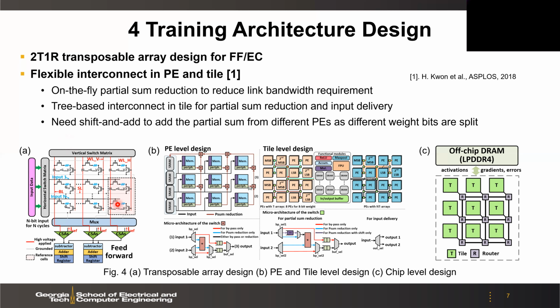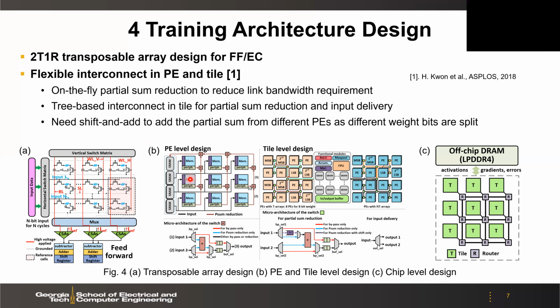In the non-transposable array, we use the conventional one transistor, 1-resistor bit cell design. And the array size is assumed to be 128 by 128 for both transposable array and the non-transposable array. And figure B is the processing elements design. There are 2 types of processing element.